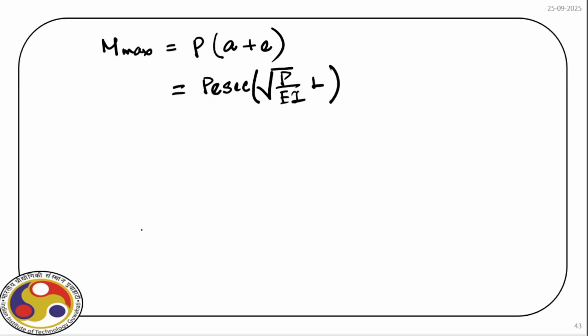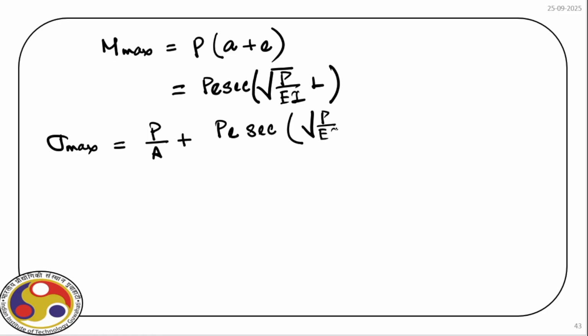Right. Now if we write down the secant formula, we have sigma max is equal to P by A plus M max, that is P times E sec of square root of P by EI times L, divided by I, times y bar.